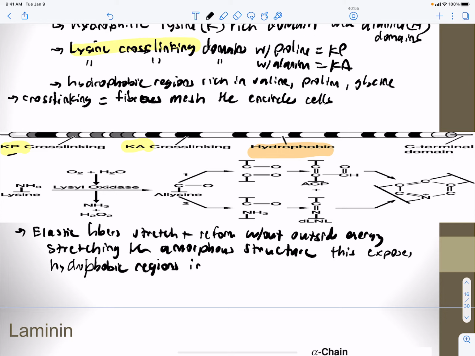And of course, this is in an aqueous environment. So naturally, the stretching exposing these repeated hydrophobic regions is going to lead to a decrease in the entropy of water. And then when the stretching force is removed, elastin will naturally go back to its original structure because the hydrophobic effect is the primary force that allows the structure to reform because those hydrophobic regions want to hide again from water.